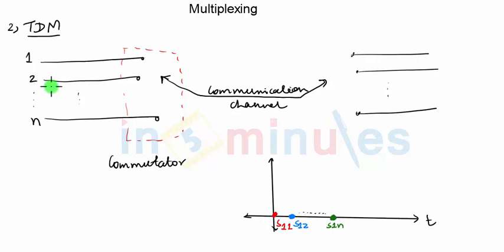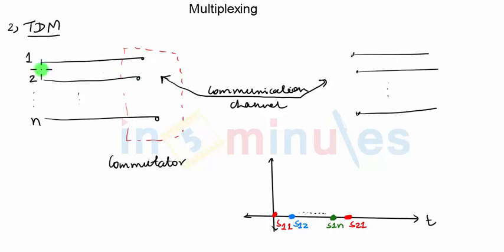Now after the switch reaches the last input channel, it will go back to the first input channel, and it will read the sample from the first signal this time. So it will again transmit a sample from the first signal, the red sample, and this time this sample will be called S21, because it's the second sample of the first signal.